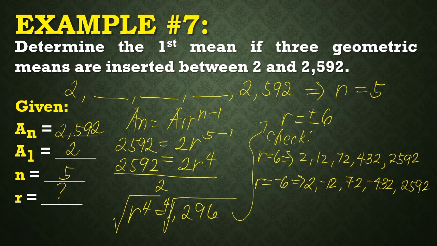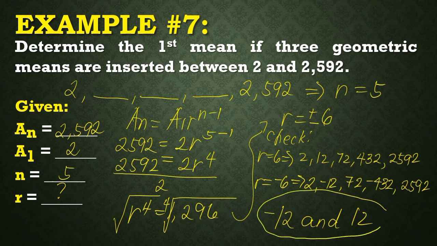So yung hinahanap natin na first geometric mean ay negative 12 and positive 12. So, dalawa yung possible po na sagot. Kasi kapag common ratio positive, puro positive po yung mga terms. Kapag naman ratio natin is negative, so yung mga terms po natin, alternating yung signs.